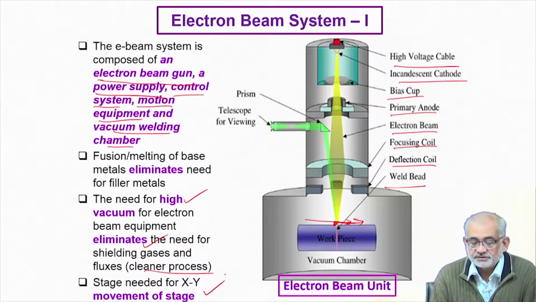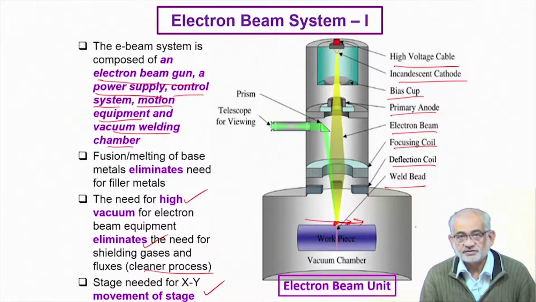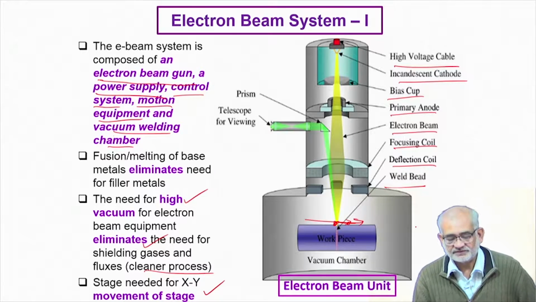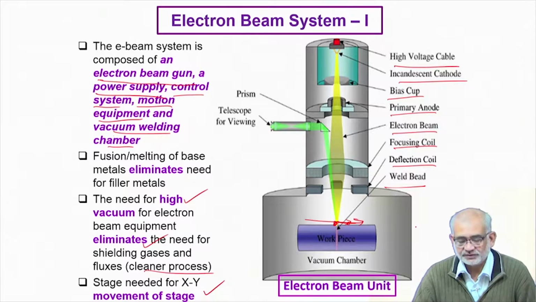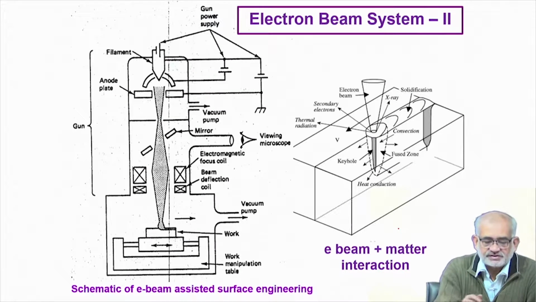If we want welding, of course, we don't need a filler, but if we want surface modification, surface cladding or surface alloying, then we can have a pre-deposited layer or an already available coating, and then we melt the coating along with part of the substrate and create an alloyed zone. But we can also feed in material inside the chamber. We'll come to that in a minute. So this is the overall setup.